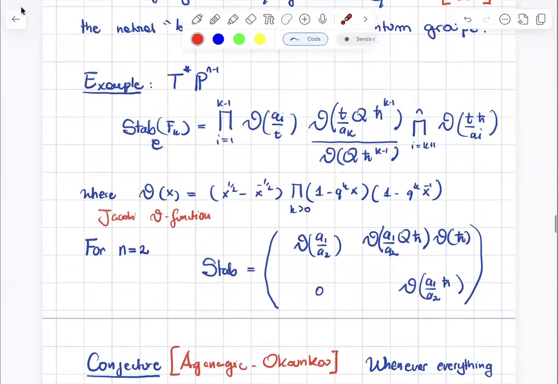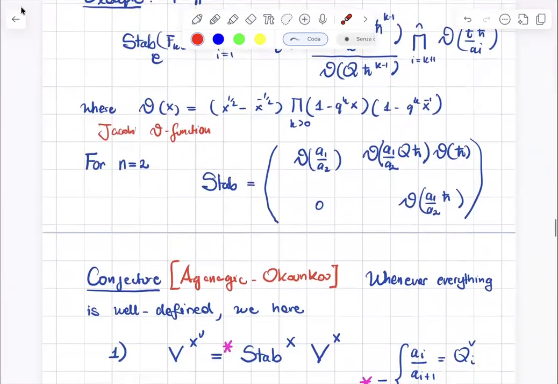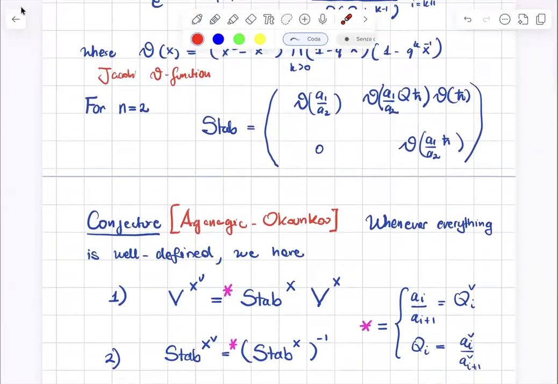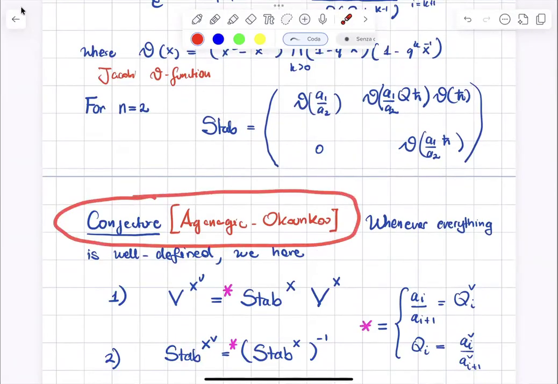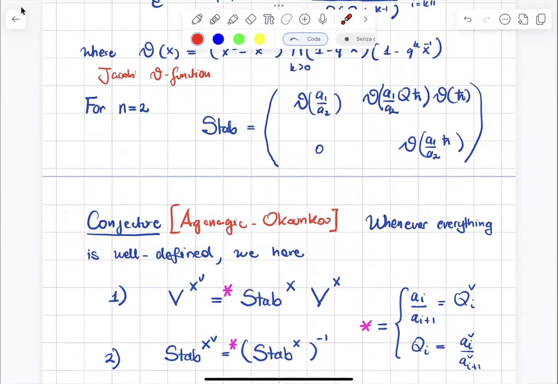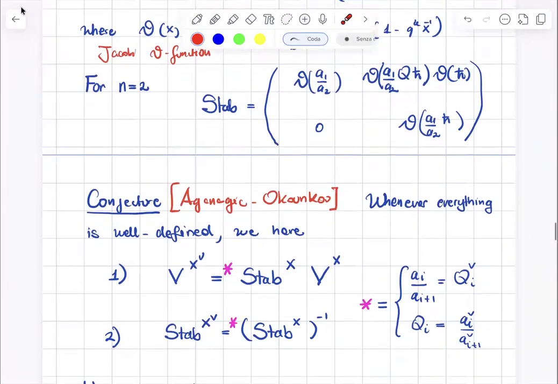And so how to put all this together in the context of mirror symmetry? Well, let's formulate it as the following conjecture by Aganagic and Okounkov. Whenever everything is well defined, whenever all the curve counts are defined, whenever the stable envelopes are defined, then the following two statements hold.